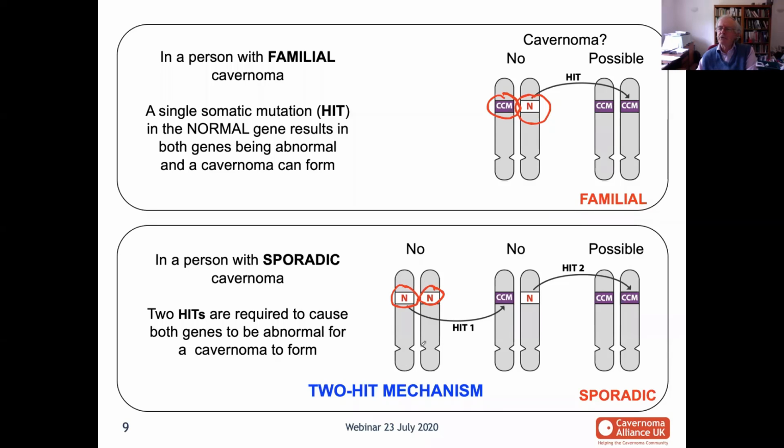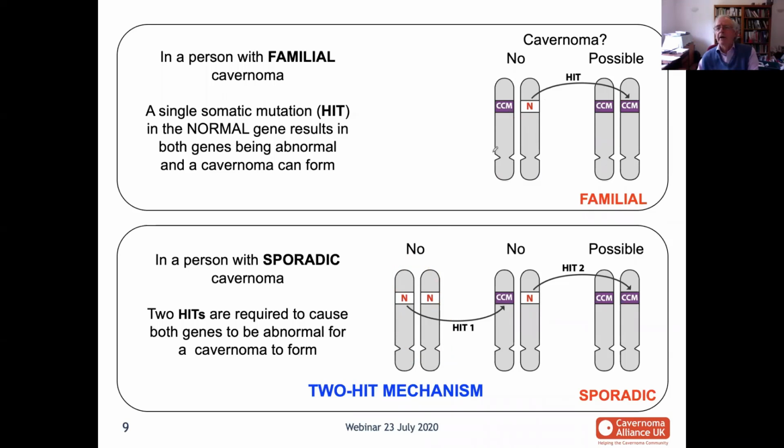So that's the difference. You have a different starting position. If you are born with a genetic form of Cavernoma, this is the starting position you have. Does that make sense? If you are born without familial Cavernoma, you just have two normal genes. Okay? Yes.